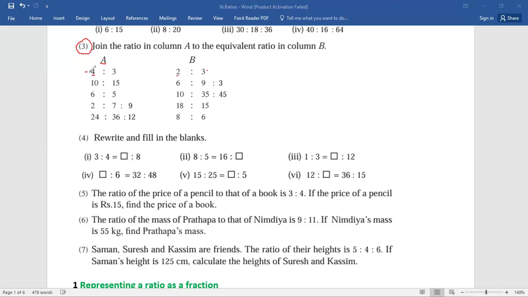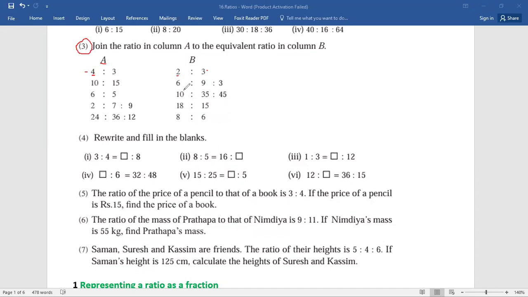You can divide 4 by 2 and obtain 2. If you divide this number 3 by 2 again, can you obtain a whole number? That cannot be. So this is not the match for the first one.